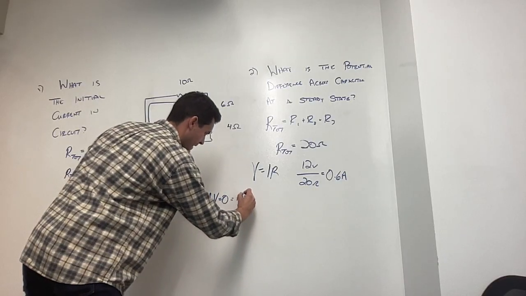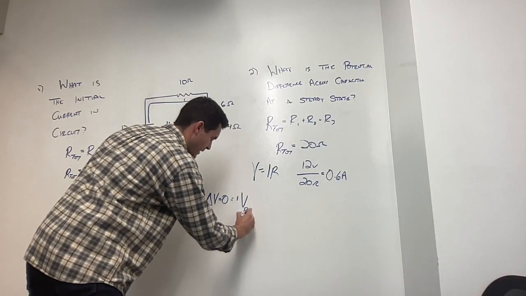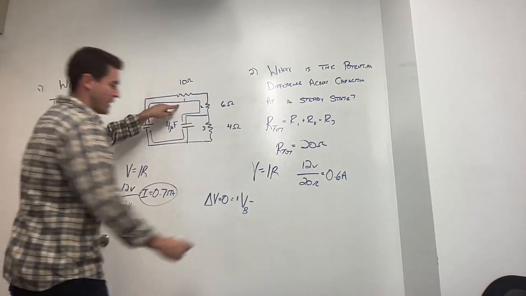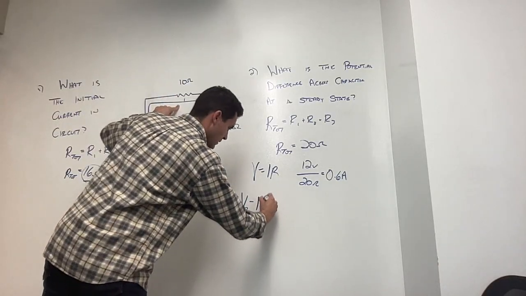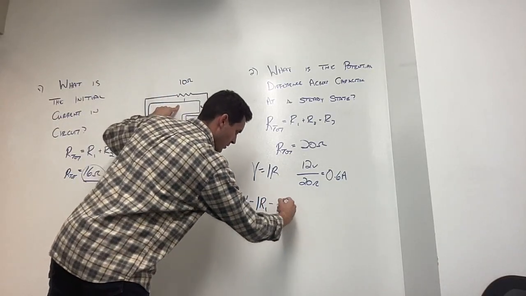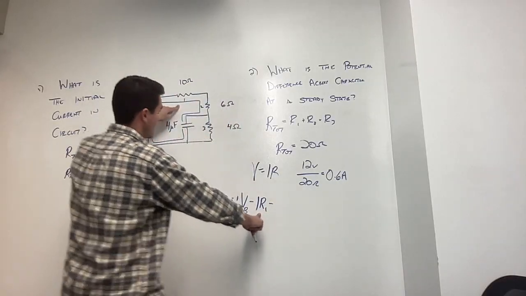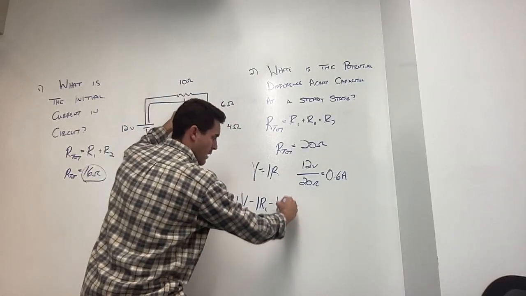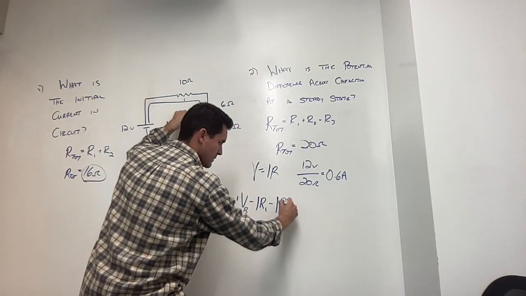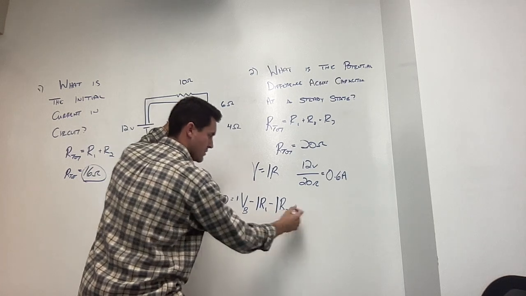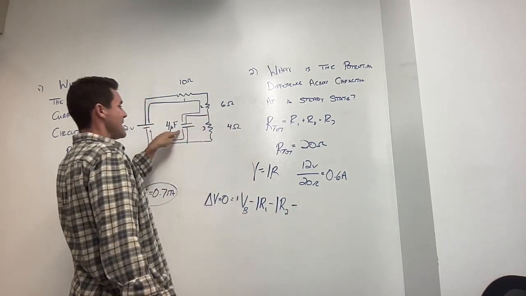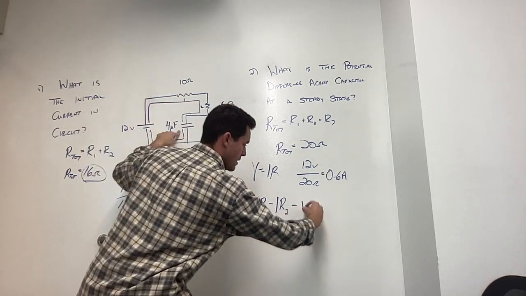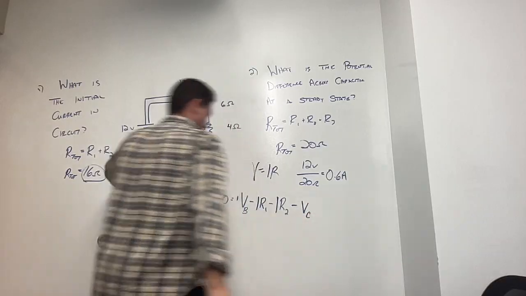Well, we've got the positive potential from, let's call it, the battery. We're going to first subtract the potential lost at resistor 1. Then we'll look at resistor 2, the potential drop at resistor 2, and finally the remaining potential will be the potential difference at the capacitor.